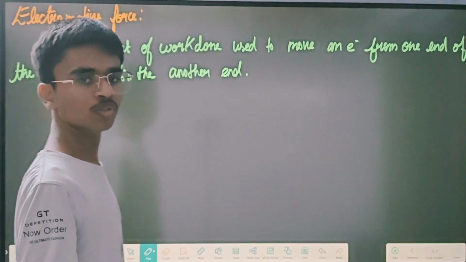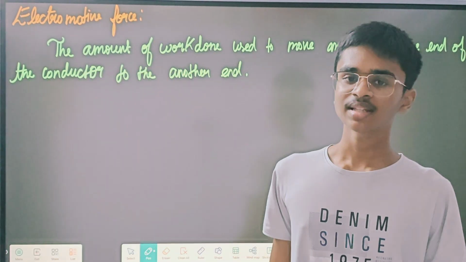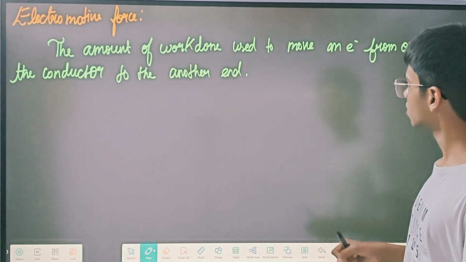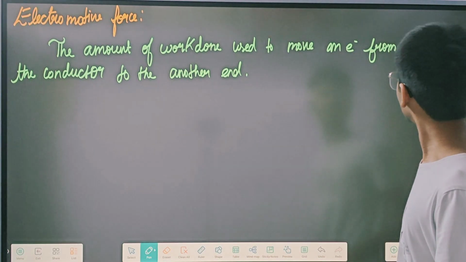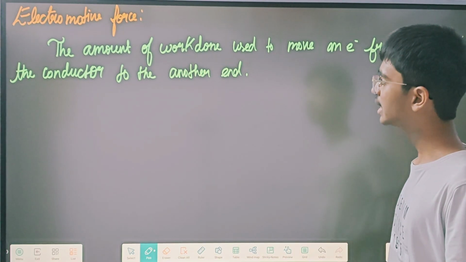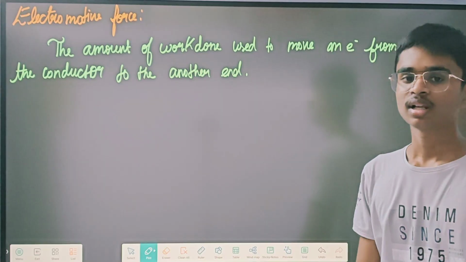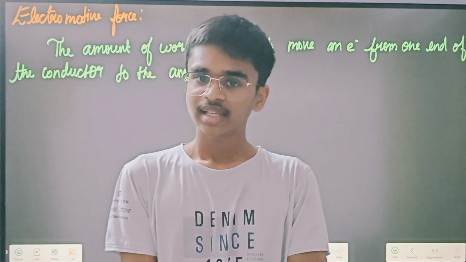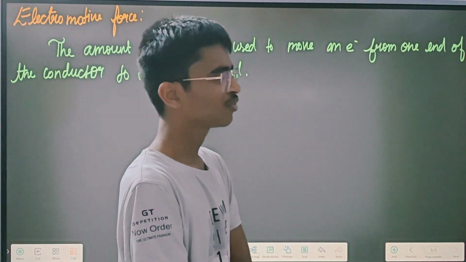Okay, electromotive force is the amount of work done that is required, or that is used, to move an electron from one end of the conductor to the another end.